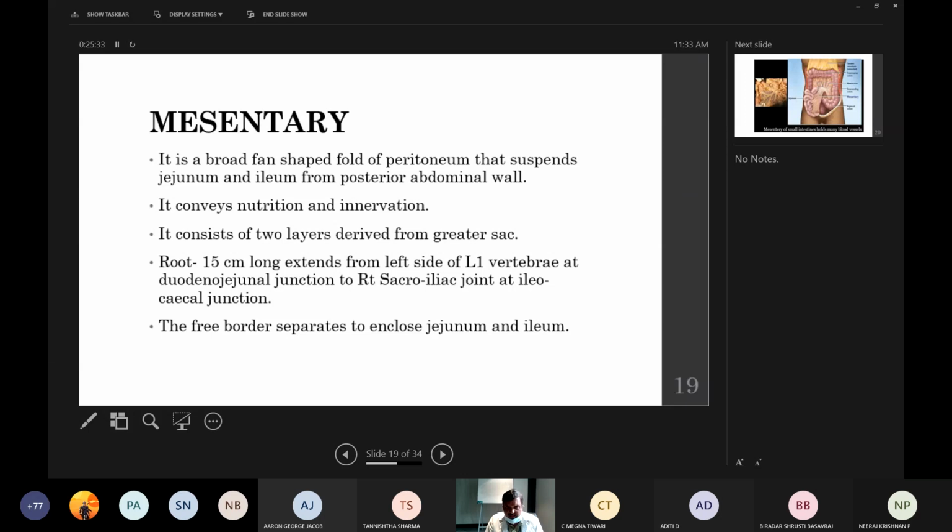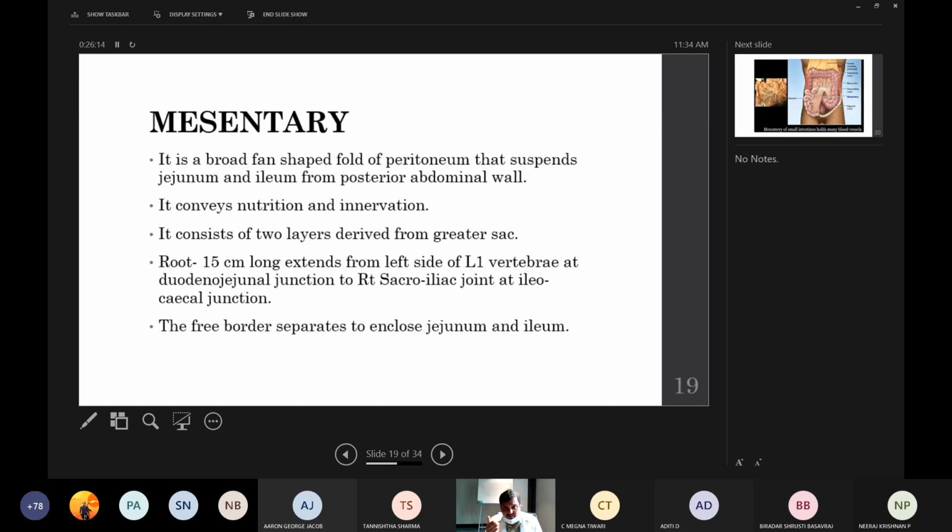The mesentery has one root and another free margin. The root is attached across the posterior abdominal wall and measures only 15 cm in length. It extends from the left side of the L1 vertebra at the duodenojejunal junction, then extends to the right sacroiliac joint at the ileocecal junction.